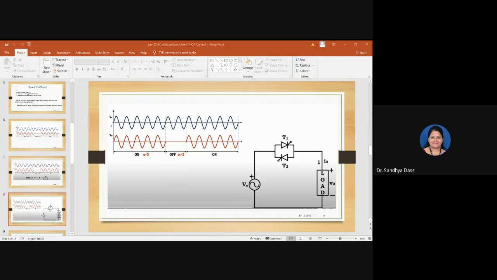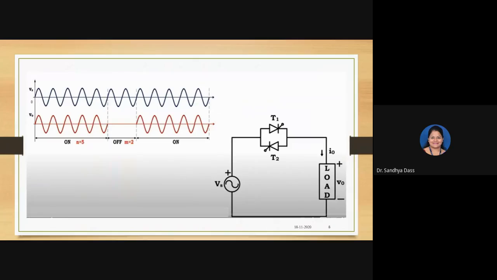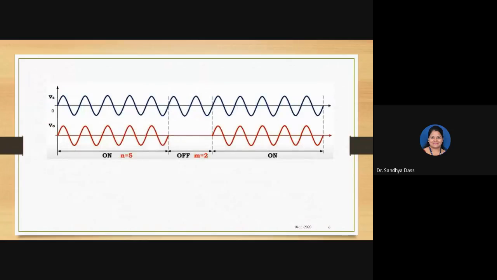So if you measure the average AC signal at the load, obviously it will be different from the input. That's what I had shown in the figure. Look at this. If this is your input wherein you have 12 cycles, let us take only 7 cycles here up till here.